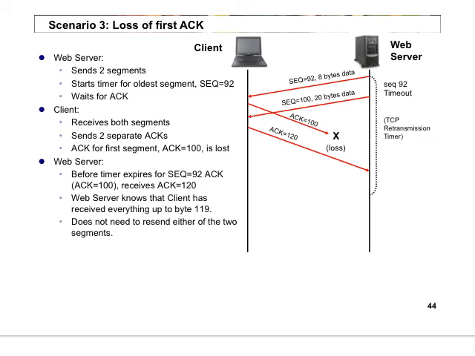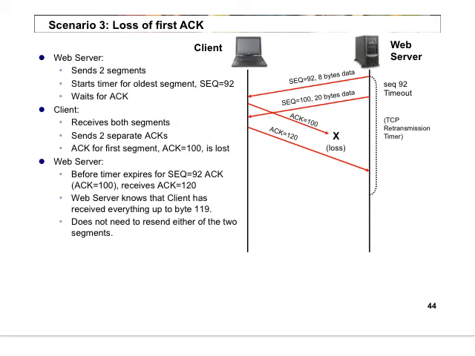So the last scenario we're going to talk about for the sliding window mechanism is the accumulated acknowledgement. We talked about the fact that the acknowledgement by default says that I have received everything up to this point correctly. Please send me the next one.